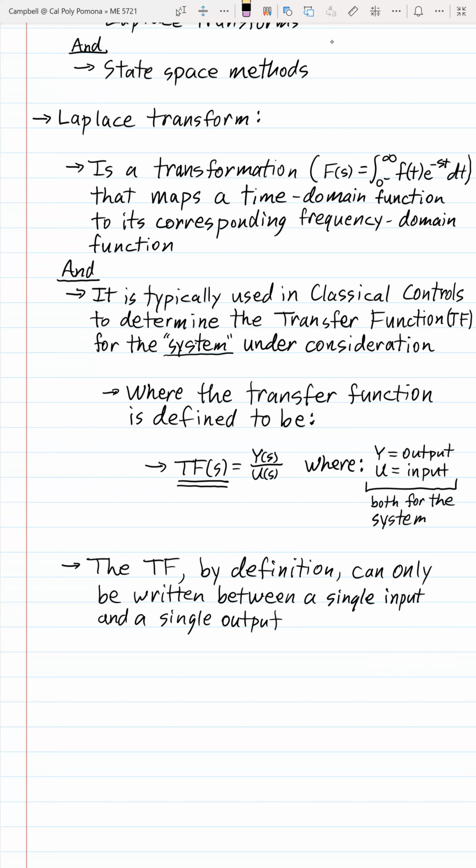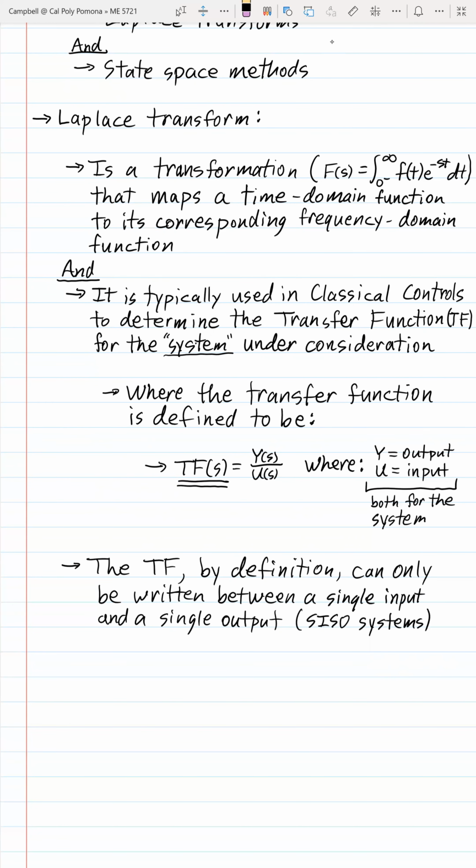And so here we say that transfer functions are only written for SISO, single input, single output systems, which I've already mentioned before.